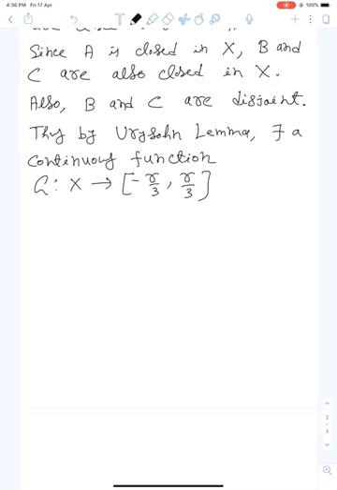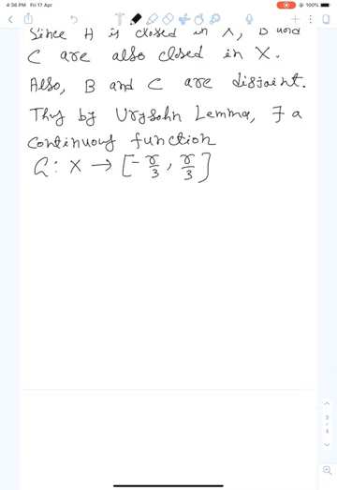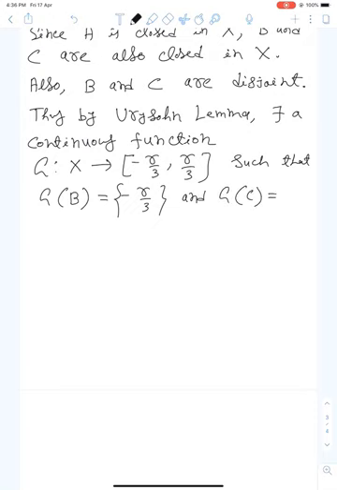Why? Because we need that G of B is minus r by 3, that is a singleton, and G of C is r by 3. Right? So we got that required G.